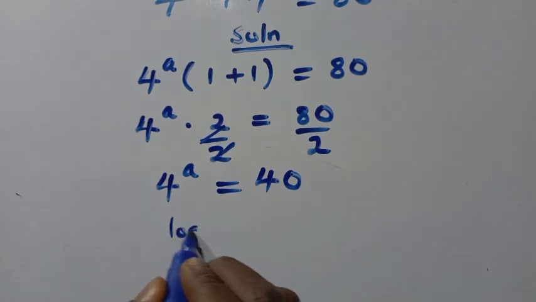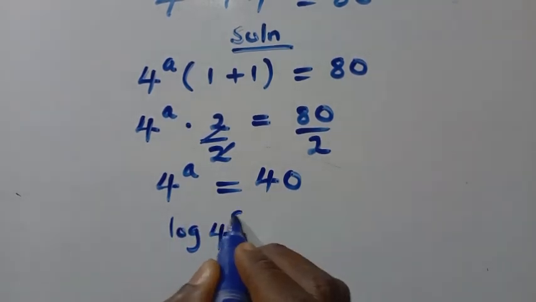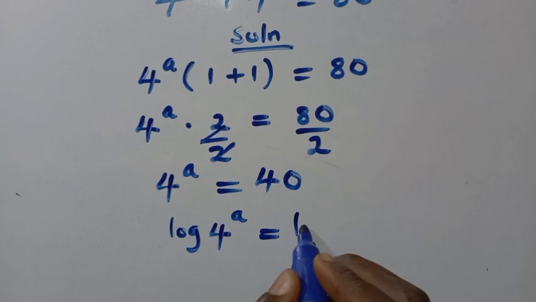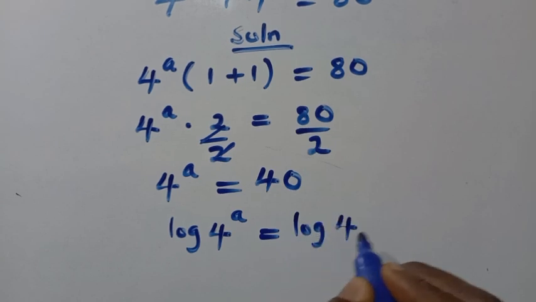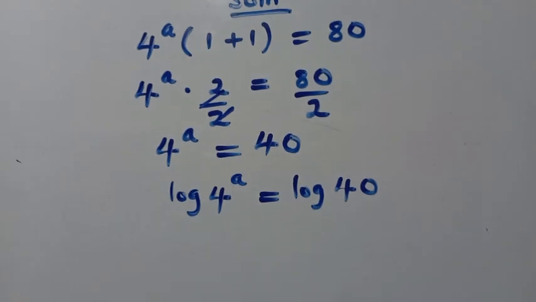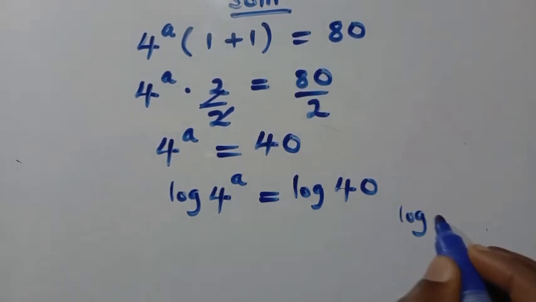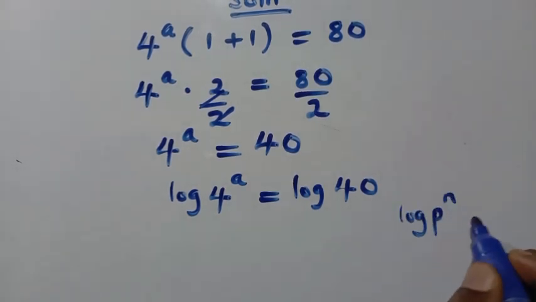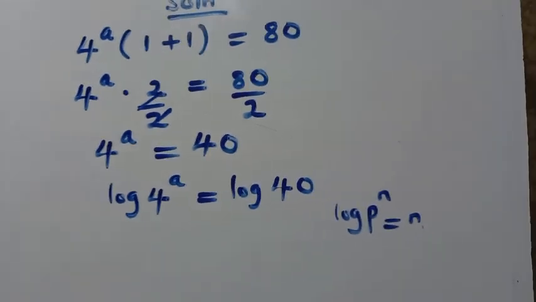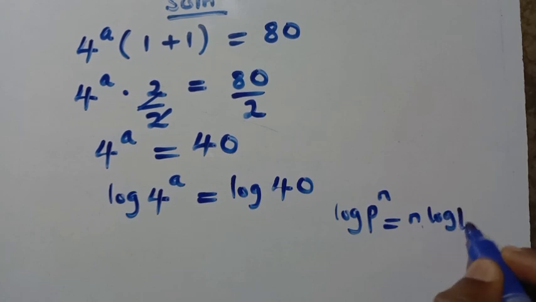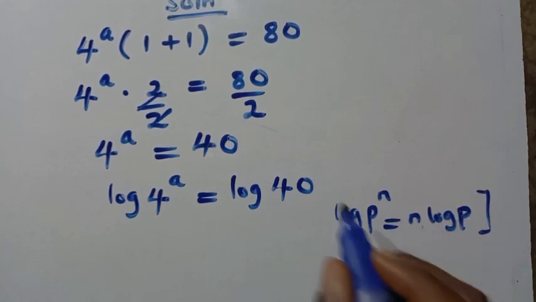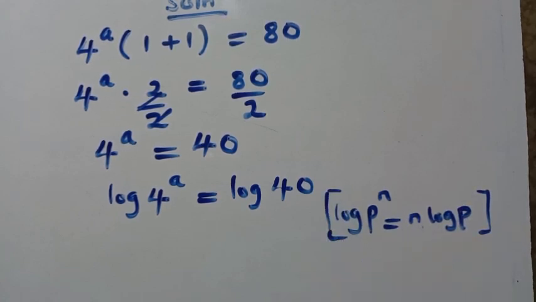Then in the next step, let's introduce logarithm on both sides. We have log of 4 to the power of a equals log 40. By this we can apply the rule of log that says, suppose we have log of p raised to the power n, this equals n multiplied by log p, and here is the formula we are going to apply.